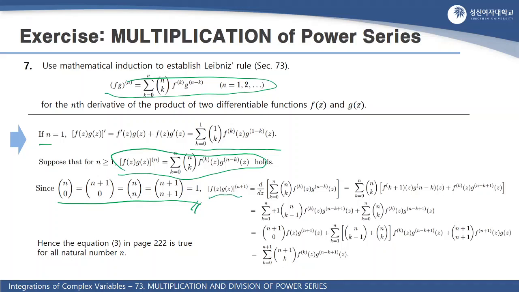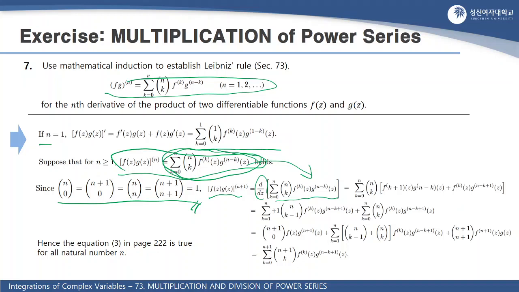So here, the (n+1)th derivative of the product of f(x) and g(x) is equal to the derivative of this function.